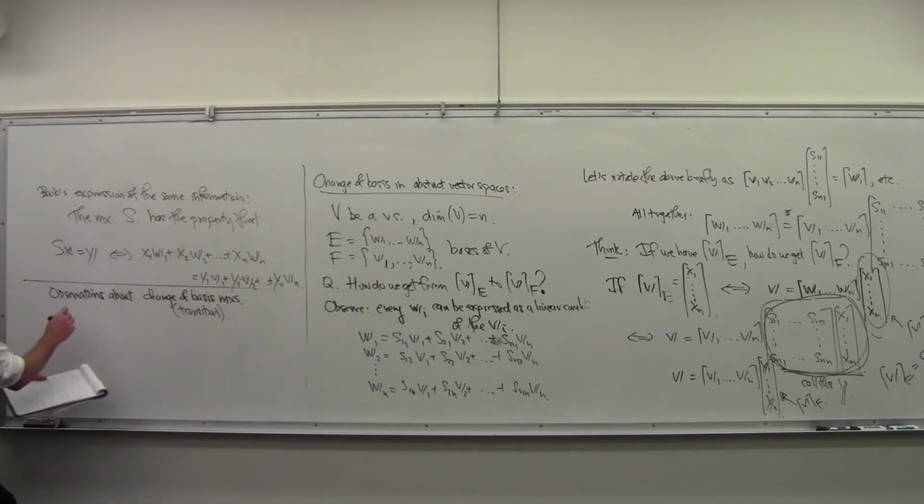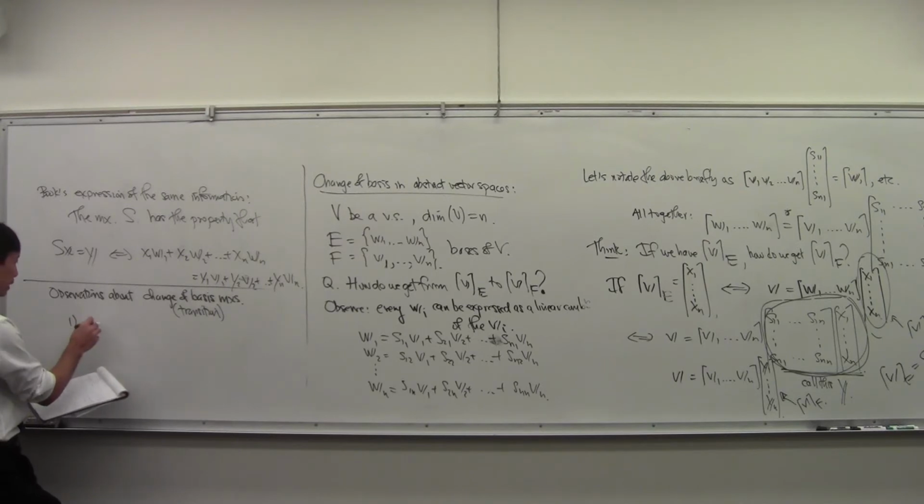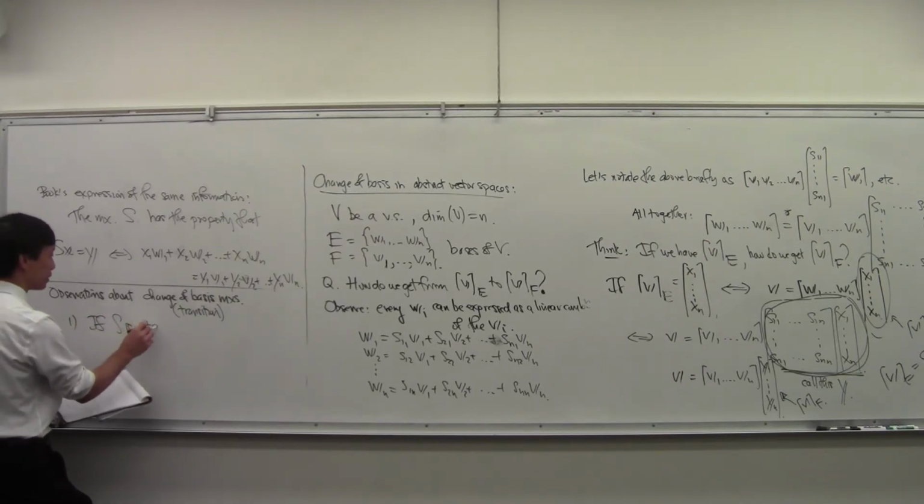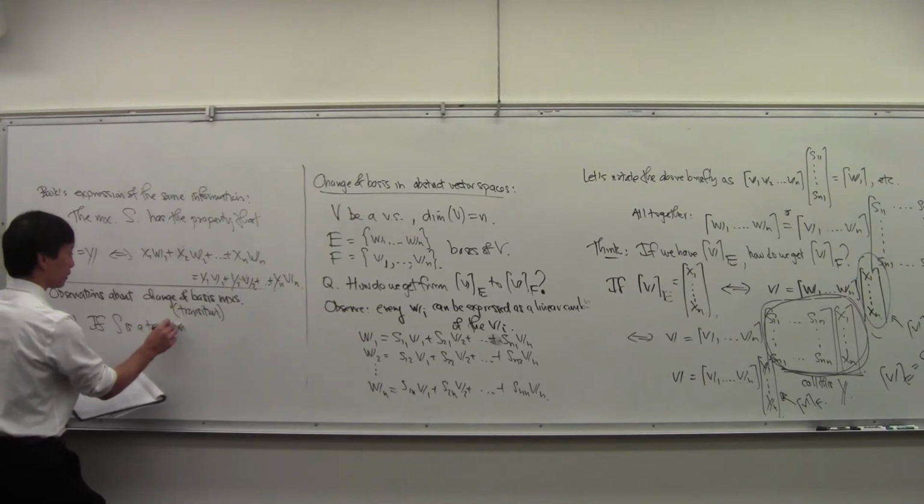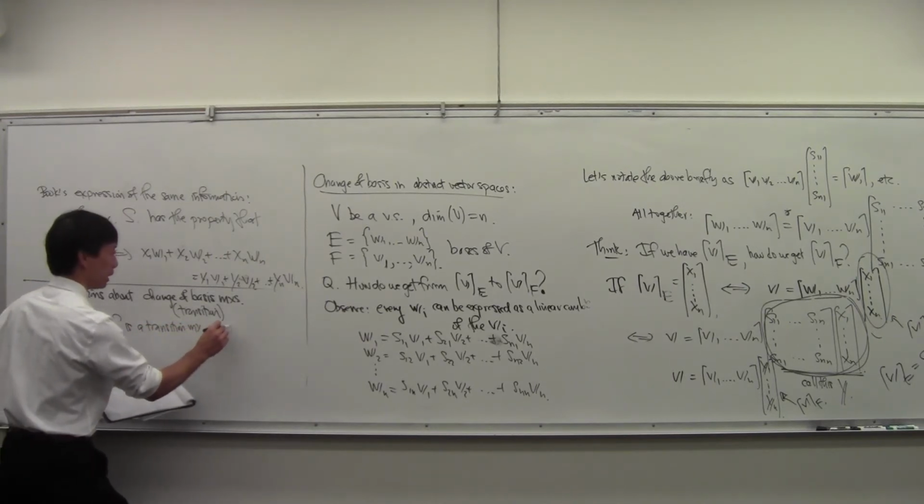Okay, so the first one is that if S is a transition matrix, then it's invertible.